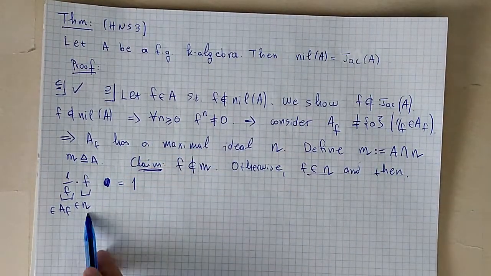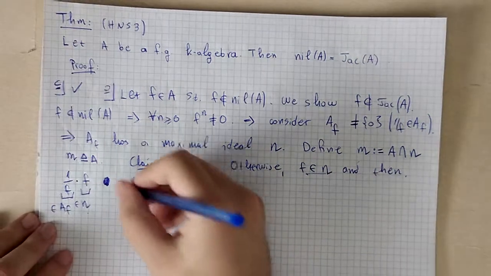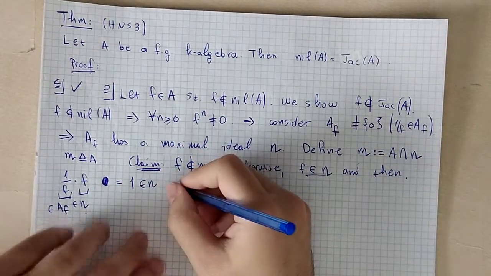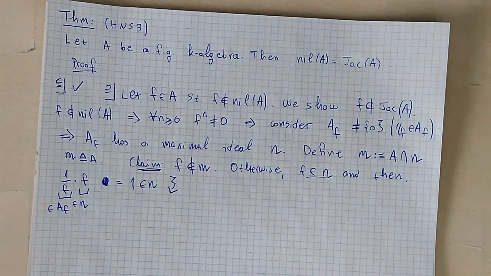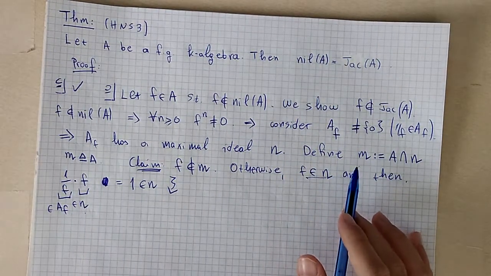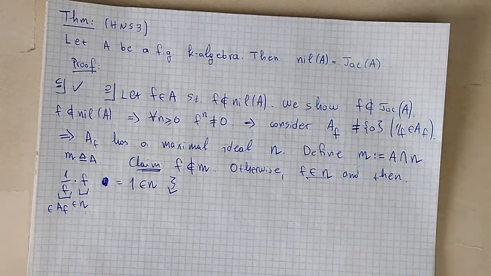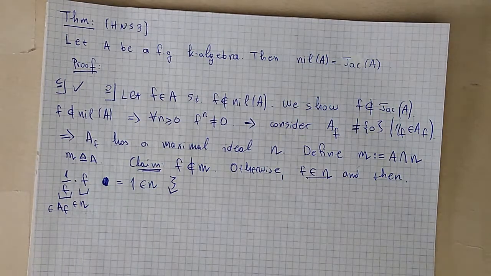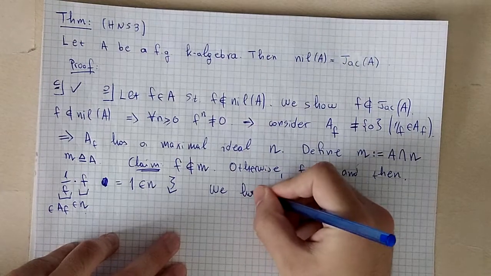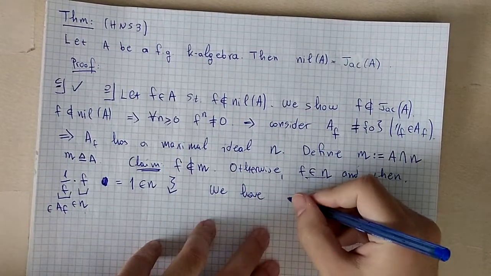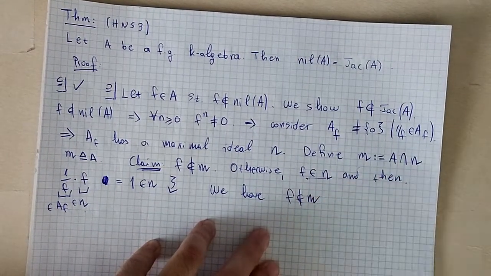But since N is an ideal, the product has to live in N. But this is wrong. This is a contradiction, because N is a maximal ideal, and hence it cannot contain 1. We therefore have that F really is not an element of M.